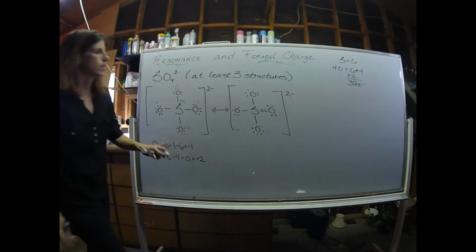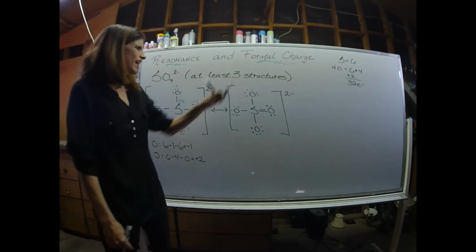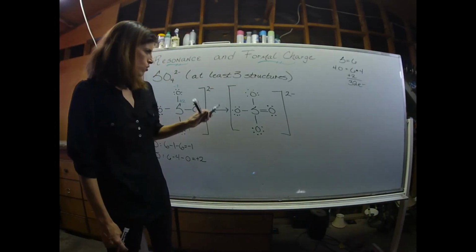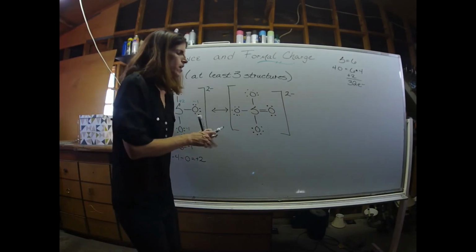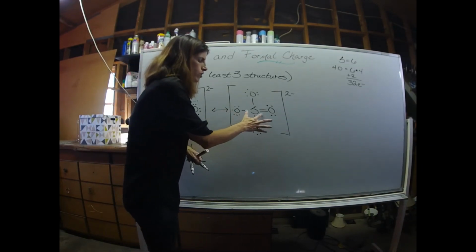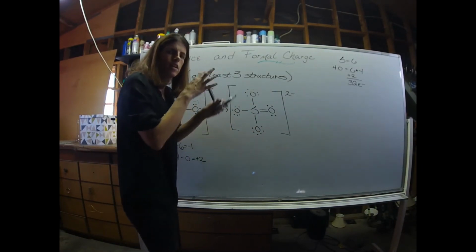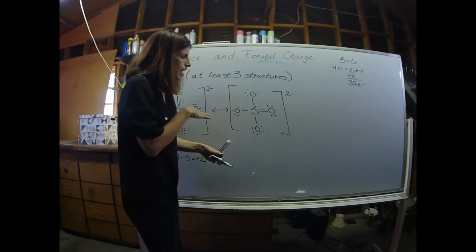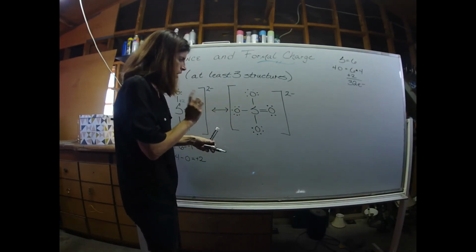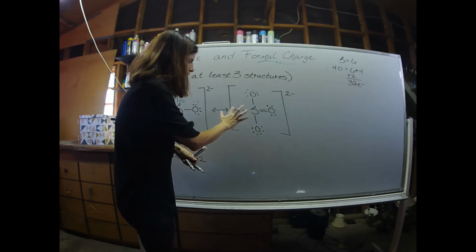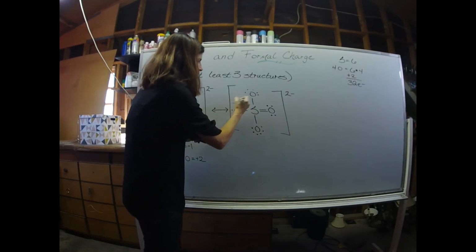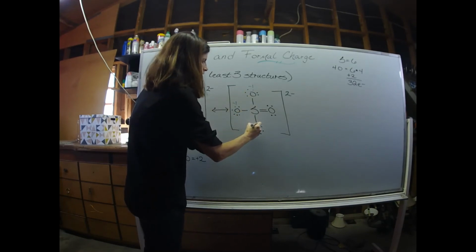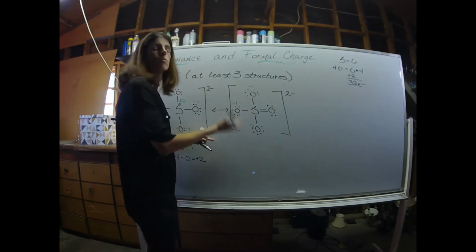Let's see. The other thing we should do is check that we used 32, which, counting really quickly here in my head, it is 32. Octet, 2, 4, 6, 8, 10. Again, sulfur can do an expanded octet, so that's okay. The formal charges on the single bonded oxygens are still -1. 6 minus the 1 line minus the 6 dots.